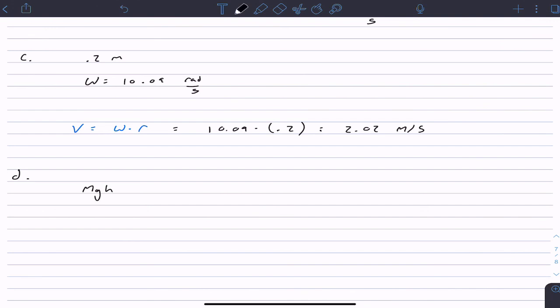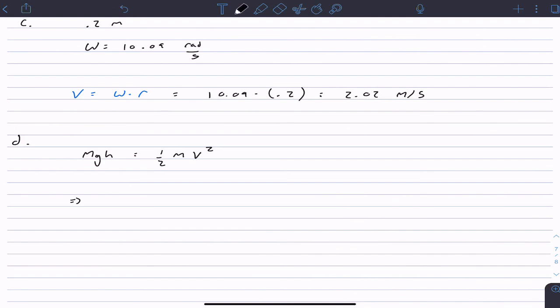So it starts at rest, has just mgh, and it ends with just kinetic energy, half m v squared. That means the masses cancel. We've done this a lot of times at this point. v equals the square root of 2g times 0.2, and if you plug that in, that gives you 1.98 meters per second.